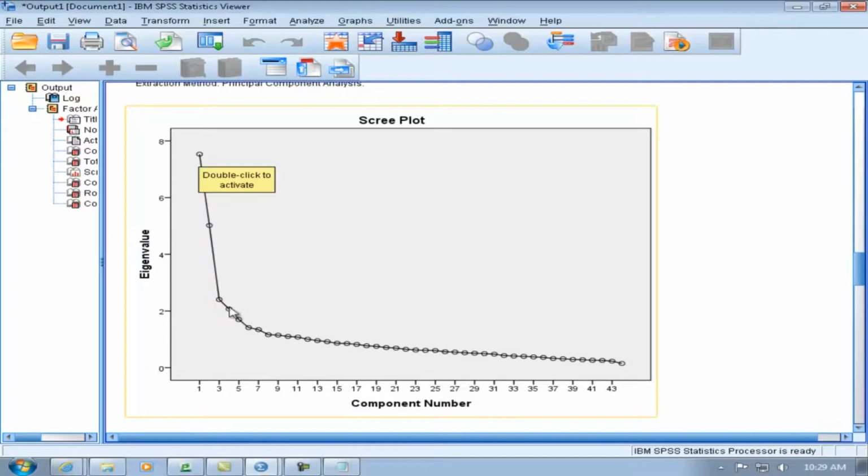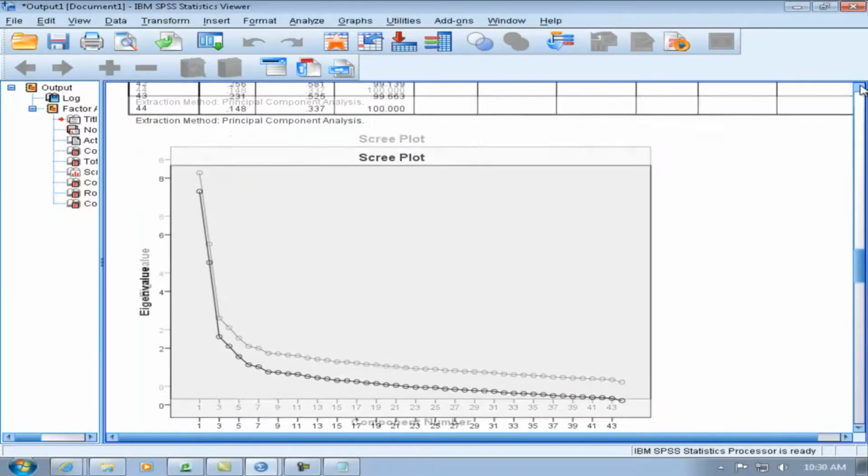So 1, 2, 3, 4, 5. You see how I marked right here 1.5? And that's pretty much when the elbow kind of flattens out. So these factors are really probably pretty nominal in terms of the data set. So that's one way of visualizing it.